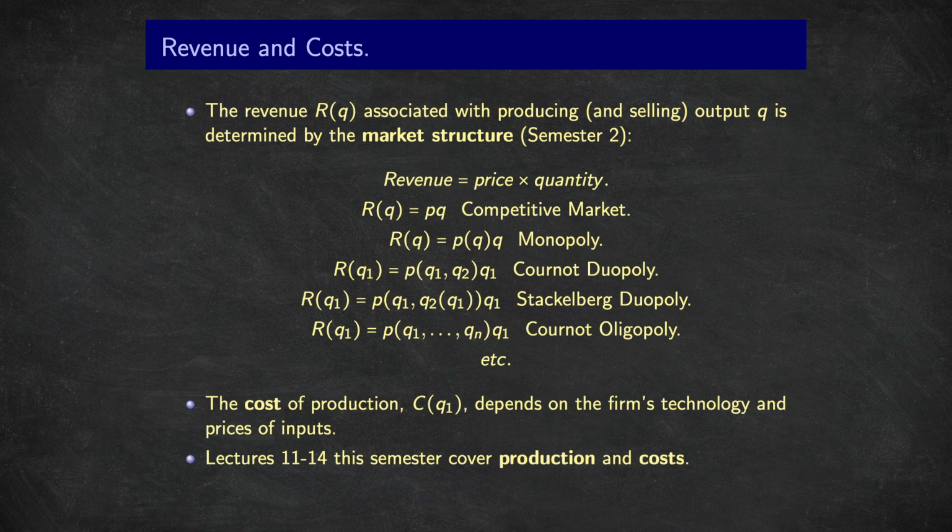If we had N firms in the market and the price is being determined by the output of firm 1 and firm 2 all the way up to firm N, and these firms are acting independently, we call this a Cournot oligopoly.